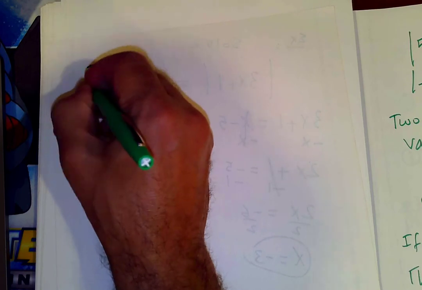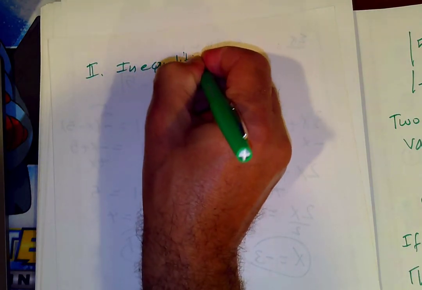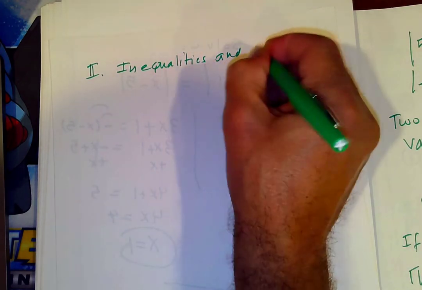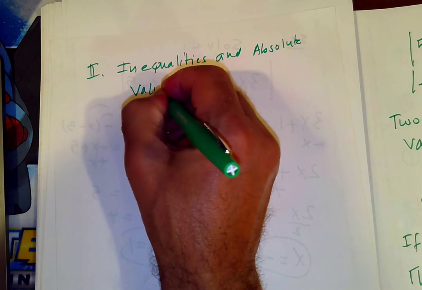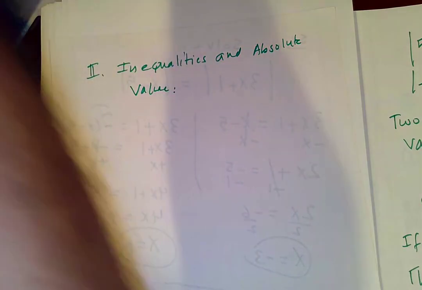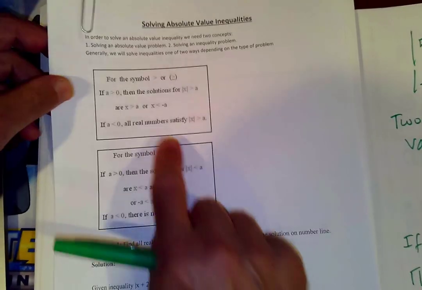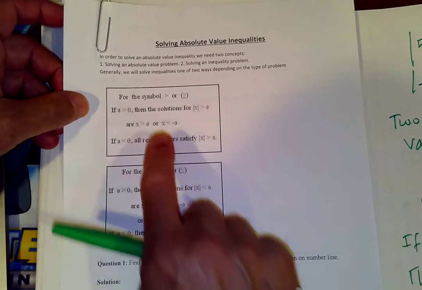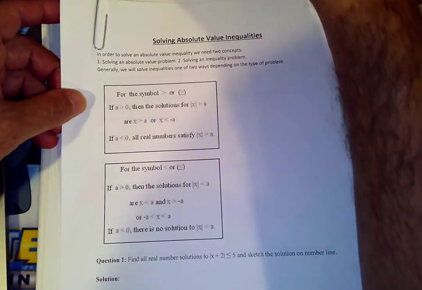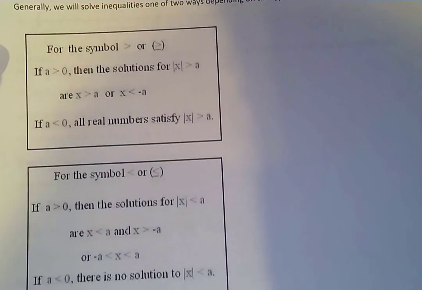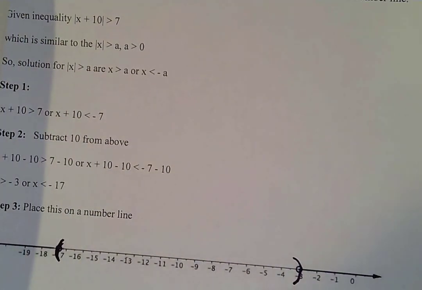So that's part 2, inequalities and absolute value. So I have a handout about this section. Actually, it's on D2L under handouts. This is for the inequalities. You can see that. Let me zoom in. So check that out. And there's a couple of examples about this part, okay?